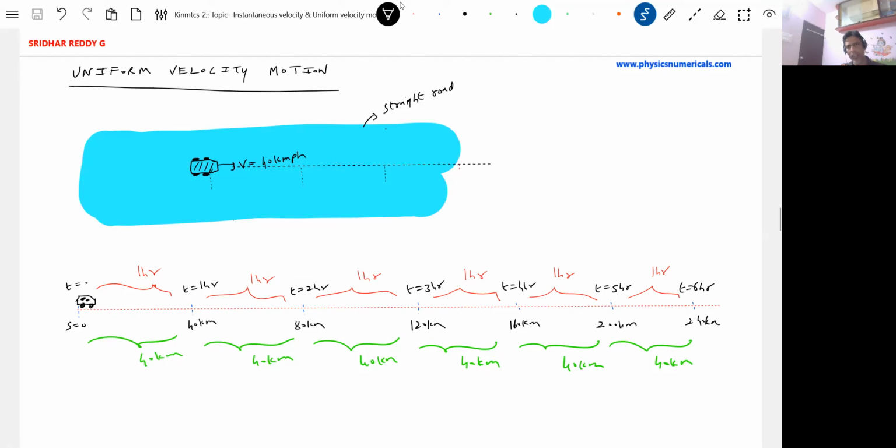So how do you define it? What are the basic features of uniform velocity motion? If the velocity of a particle, if the speed and direction, if the magnitude and direction of motion, that is the magnitude and direction of velocity, you write it.